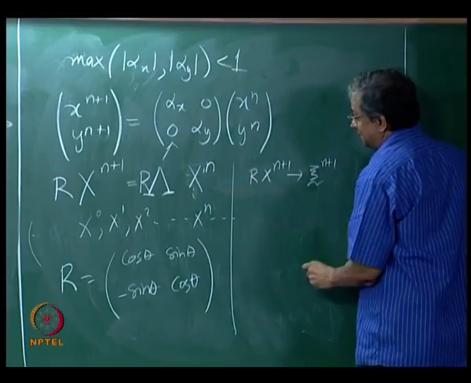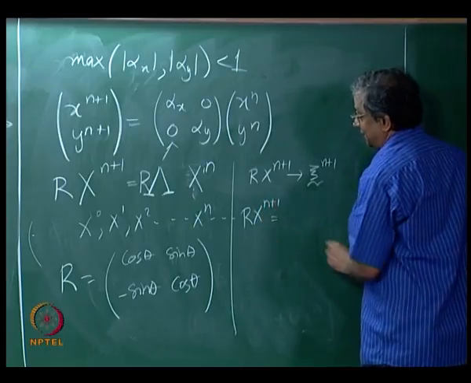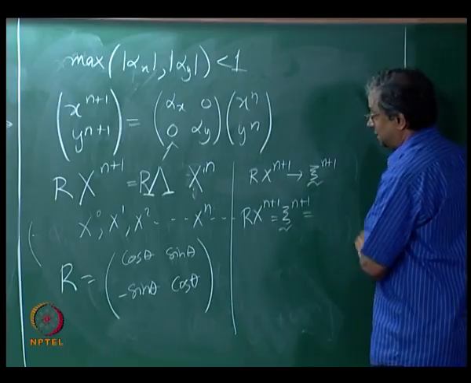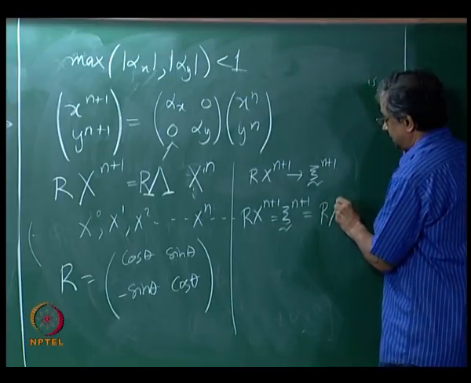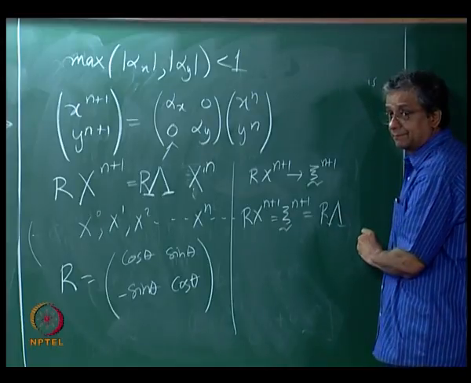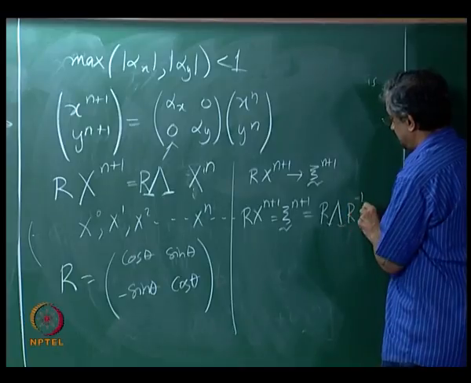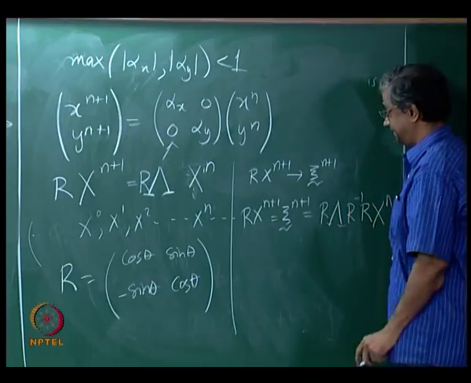So if I take this equation, R x n plus 1 equals Xi n plus 1 equals R lambda, and I stick an R inverse R there, x n.